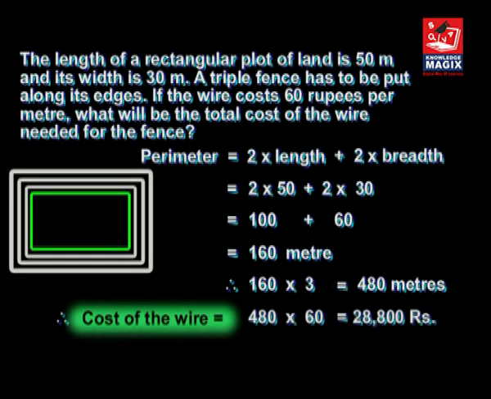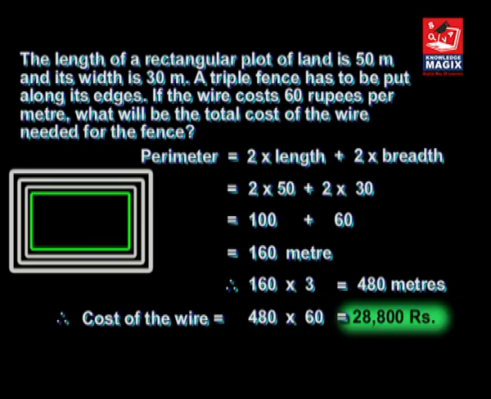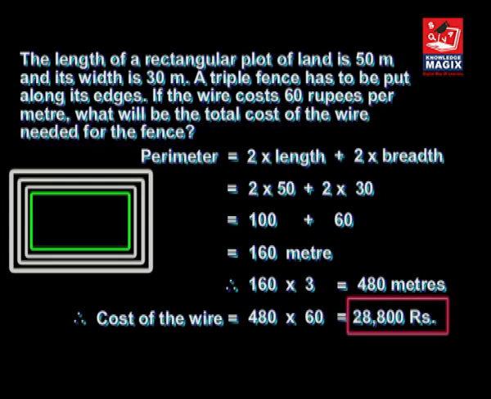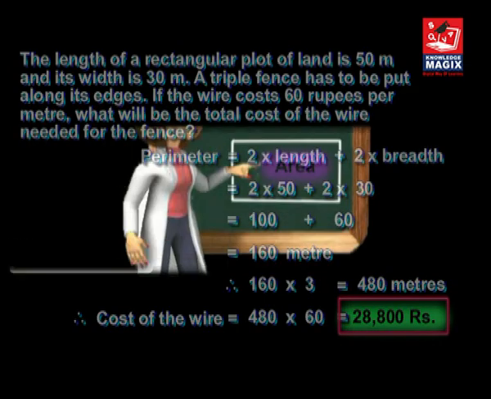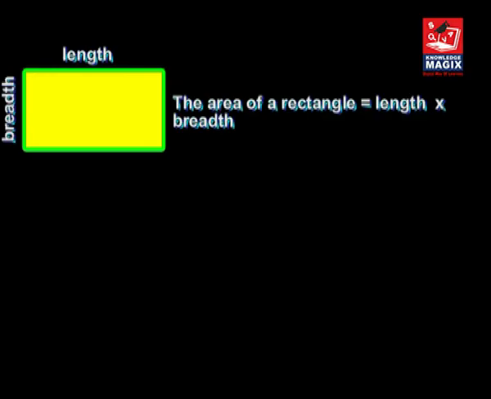Therefore, the cost of the wire is equal to 480 into 60, equal to 28,800 rupees. And therefore, the total cost of the wire needed for the fence is 28,800 rupees. Now, area. The area of a rectangle is equal to length into breadth.